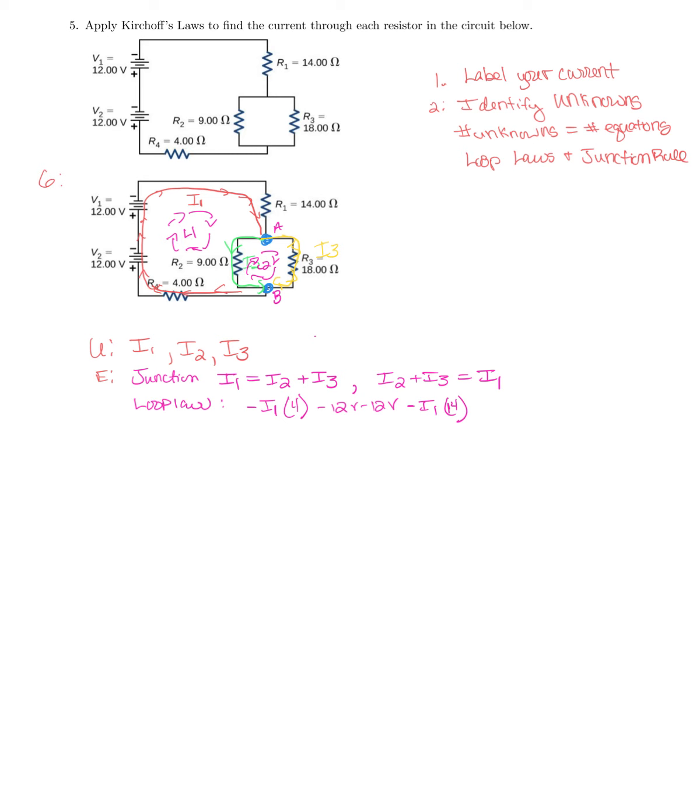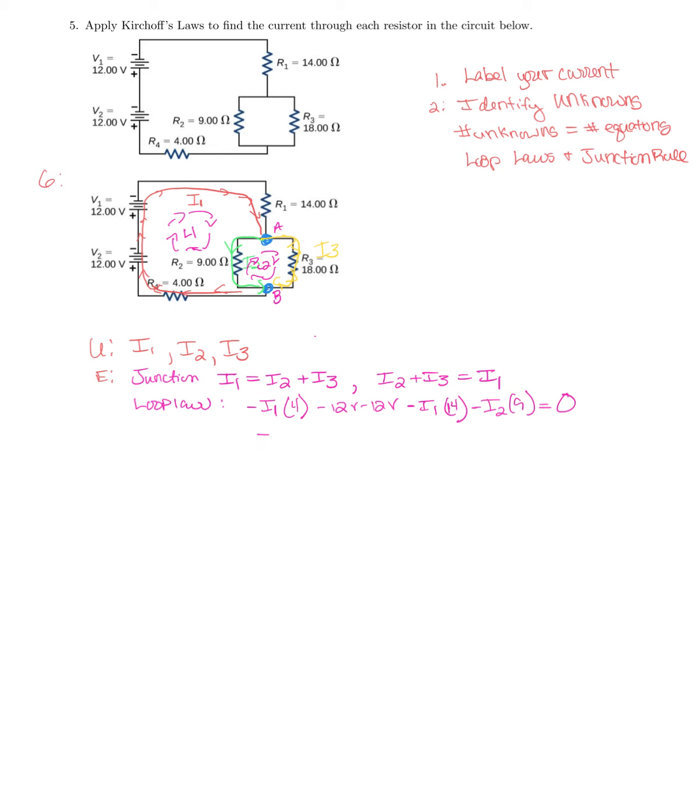Our I1 doesn't go in there. This is how our loop is going. This loop isn't inside of here. It's only considering right here. So we keep following around, and now our loop is still going in the same direction as our current, but now it's a different current, I2. So we subtract I2 times 9. And remember, the sum of the voltages in a closed loop equals 0.